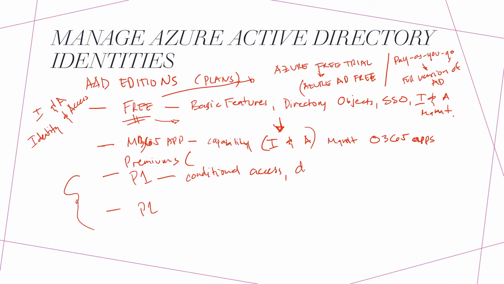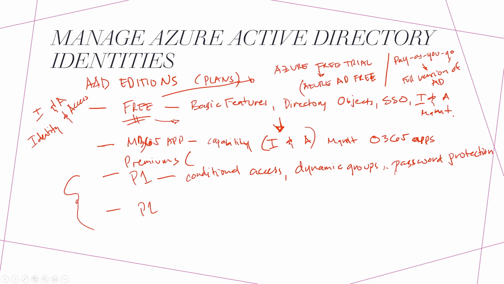So you will be able to use dynamic groups. There's also password protections. These are some built-in features when you have a P1 license.